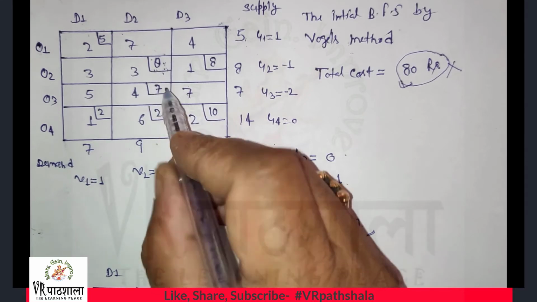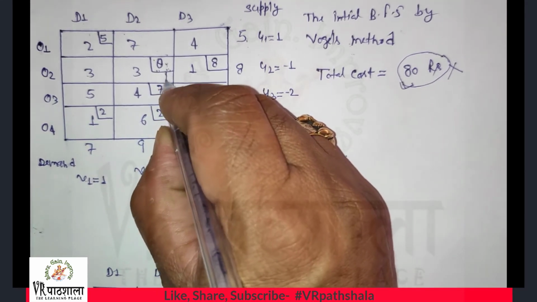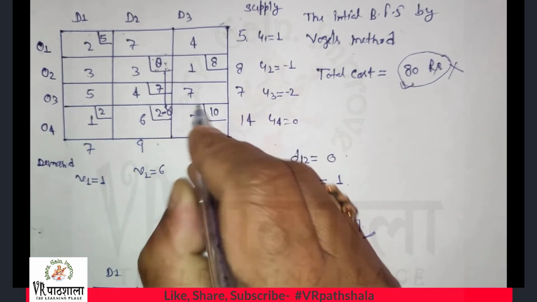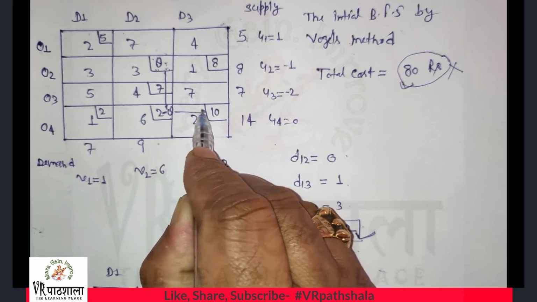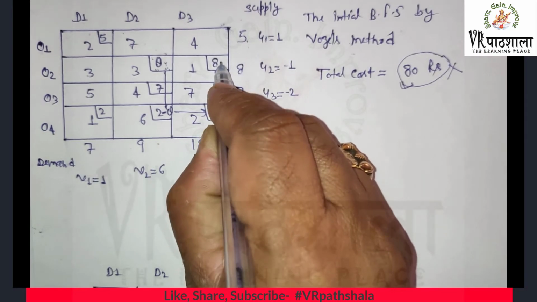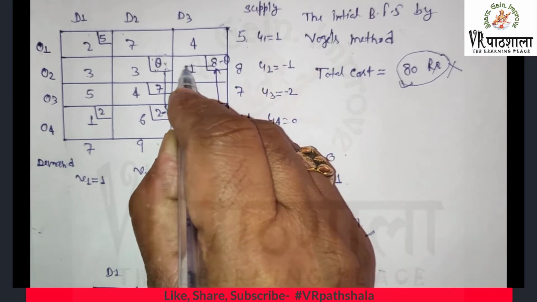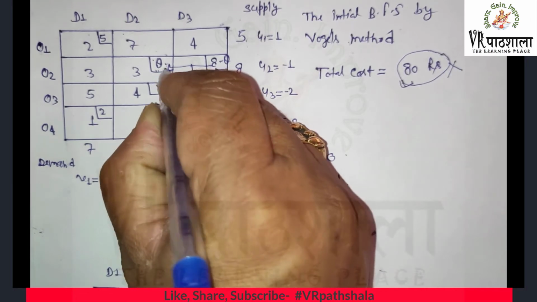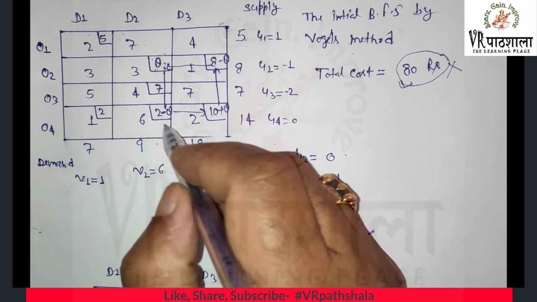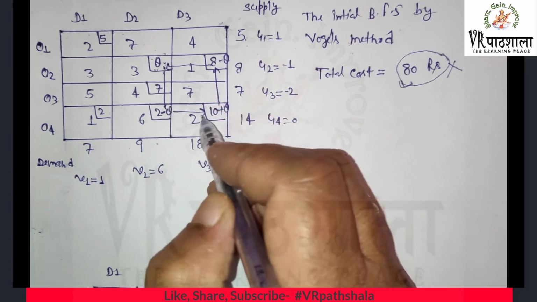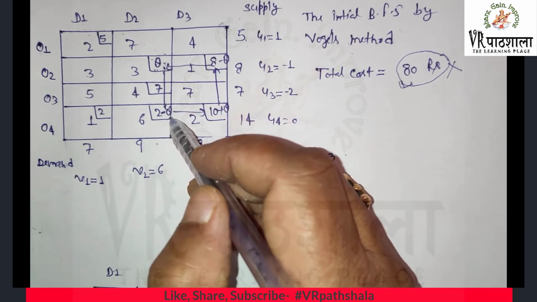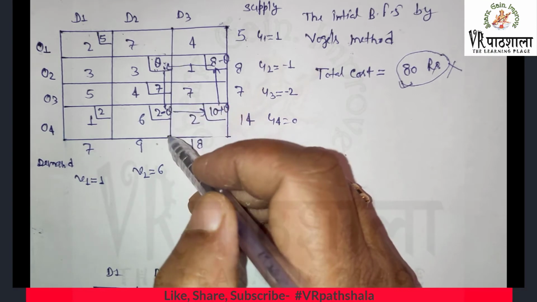Here this is plus theta, now minus theta, the next allocation plus theta, the next allocation minus theta, and we end at the same point where we started. So there is a closed loop, alternating plus theta and minus theta. We move only from allocation to allocation.